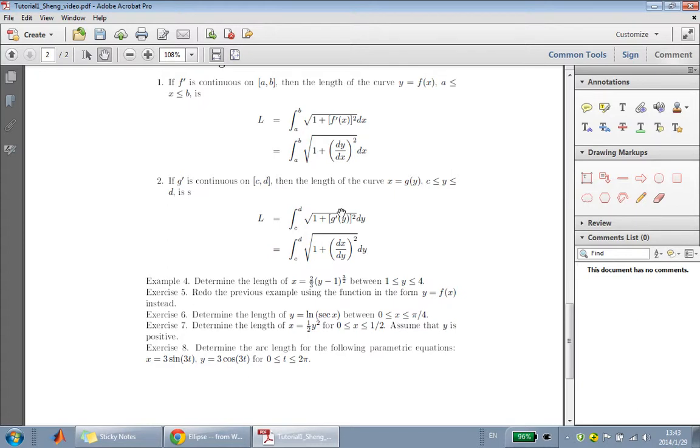But which one you should choose is sometimes determined by the question. For example, in exercise 5, you are forced to calculate the arc length using the function in this form. So you have to use this equation to calculate the arc length.